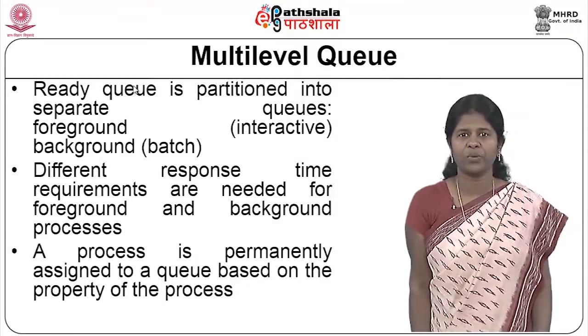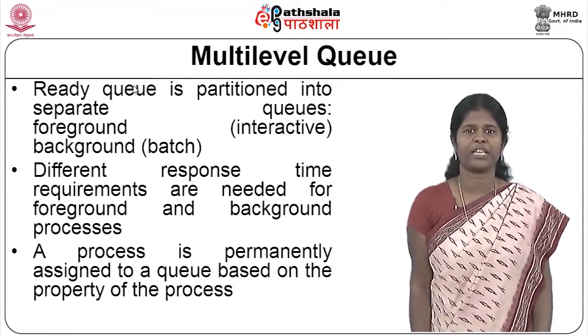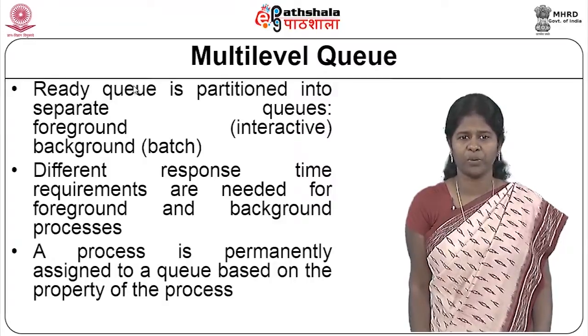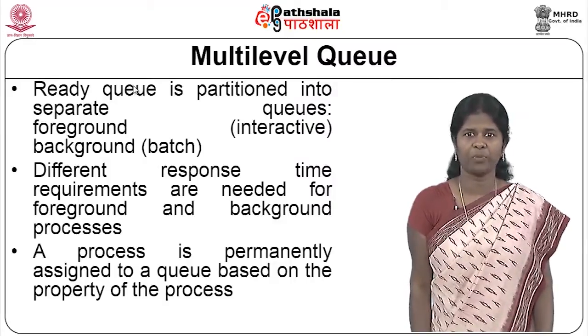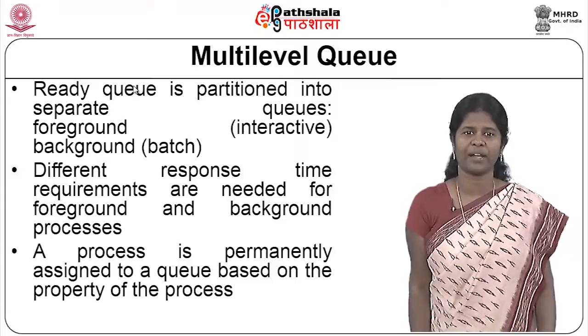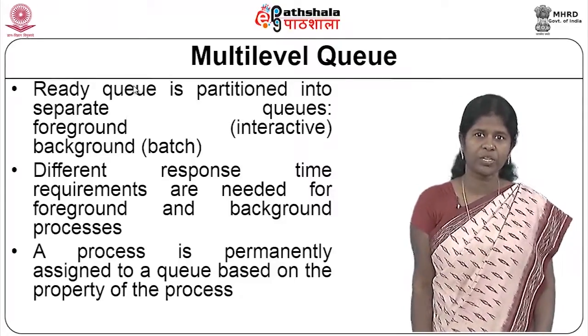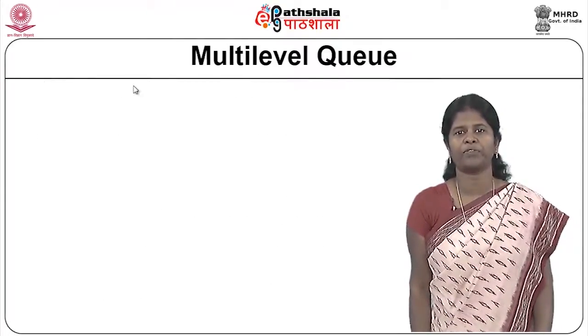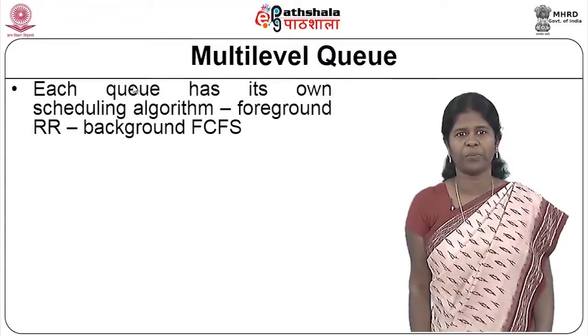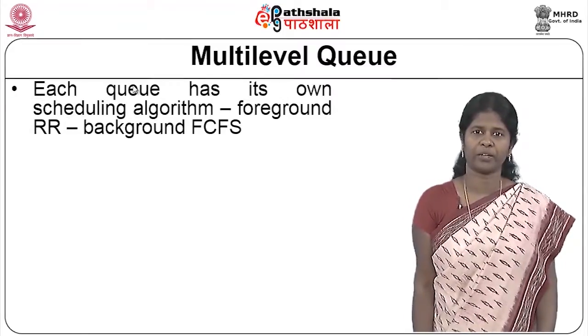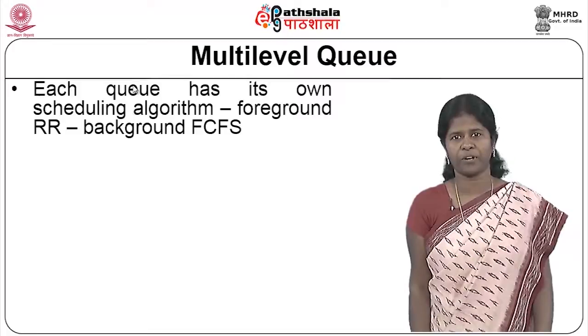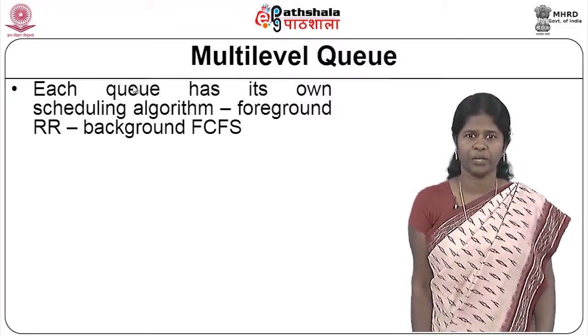In multi-level queue scheduling, a process is permanently assigned to a queue and does not move between the different queues, and it is assigned to the queue based on the property of the process. If it is a foreground process, it will be put into a particular queue, and if it is a background process, it will be put into another queue.